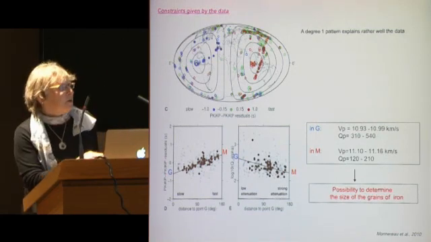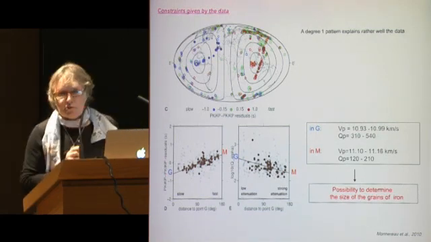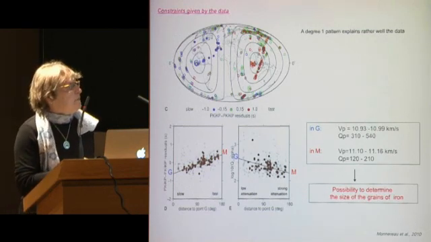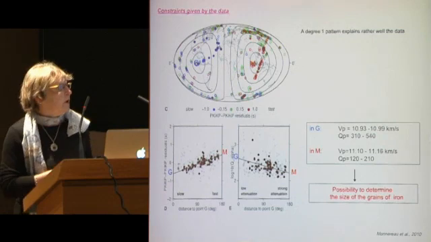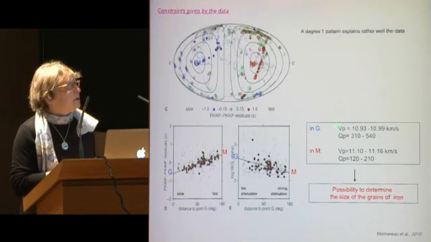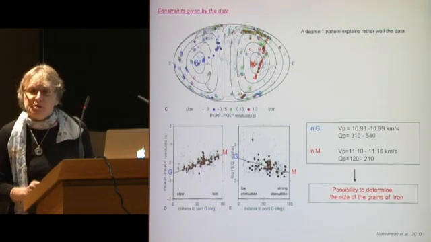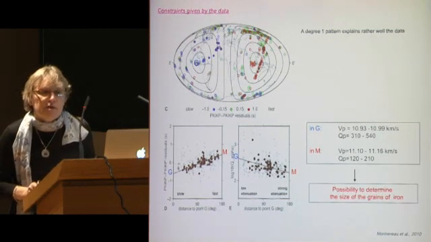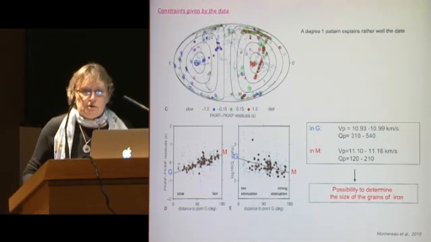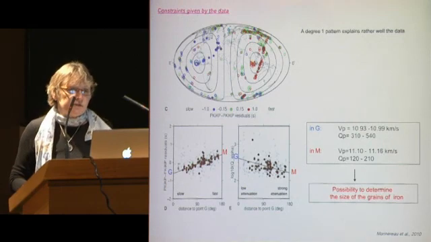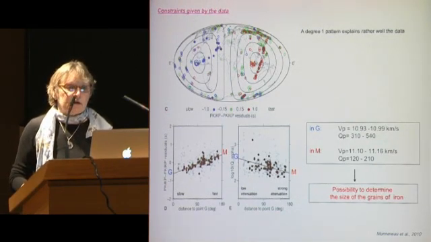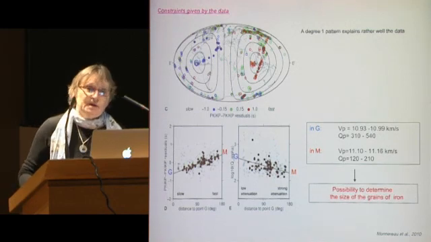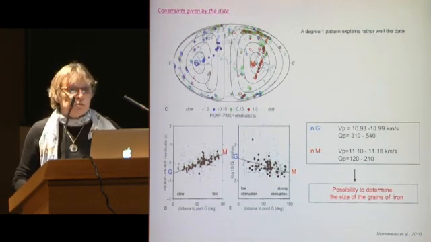So this information is important for two reasons. The first one, because we have values that we can interpret, and also because we have something which is opposite to what is observed in the mantle. In the mantle, when you have high velocities, you have low attenuation. And this can be explained by thermal anomalies. Here you have the opposite.